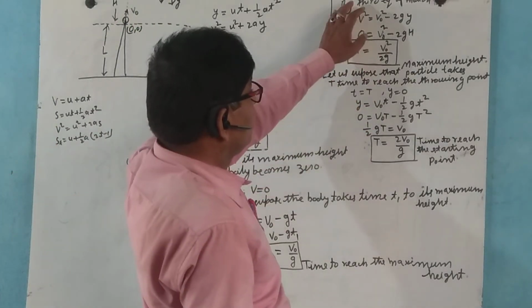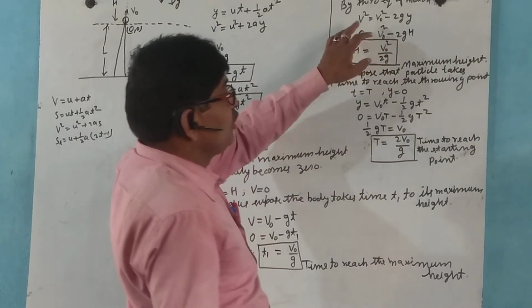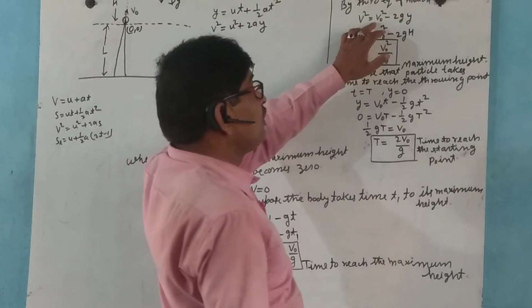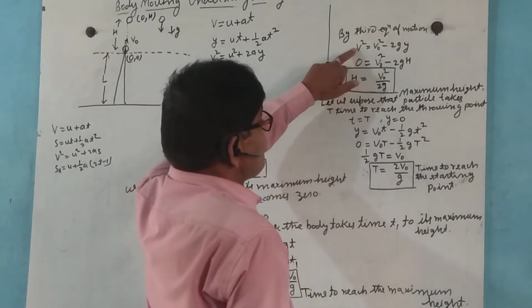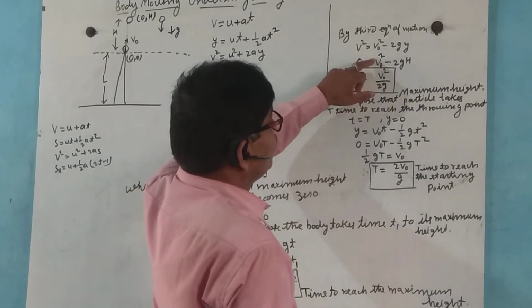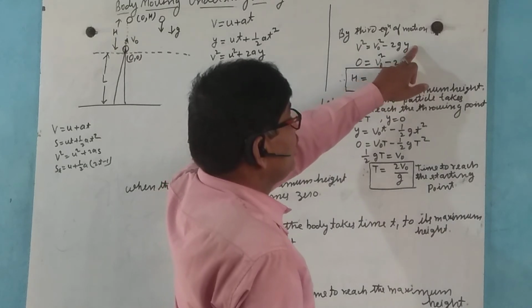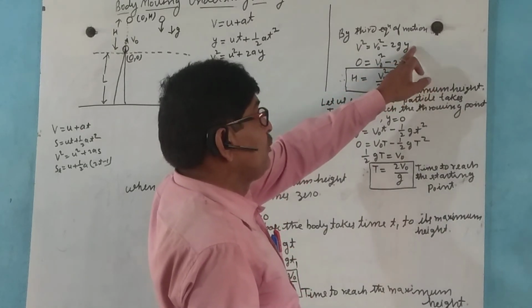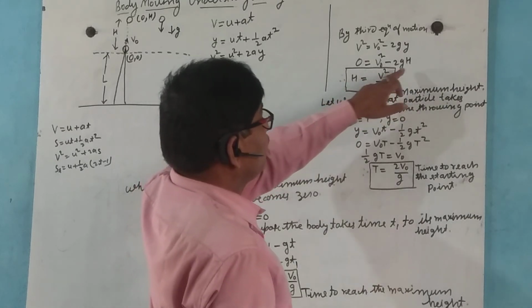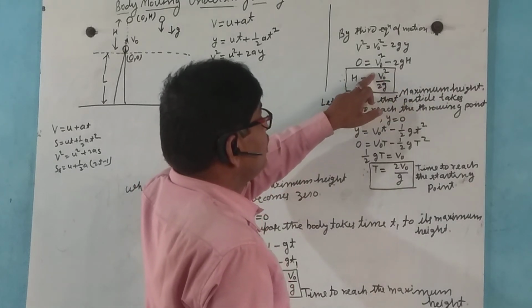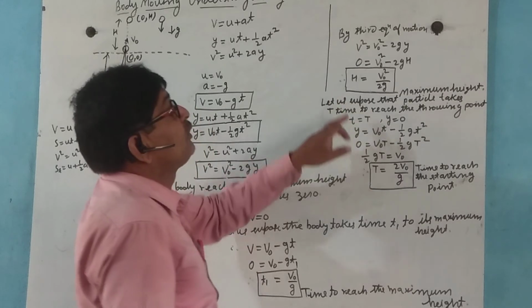Now by the third equation of motion, V square is equal to V0 square minus 2GY. In this case V is equal to 0, so V0 square minus 2G Y, with Y replaced by capital H here. So H is equal to V0 square by 2G, the maximum height.